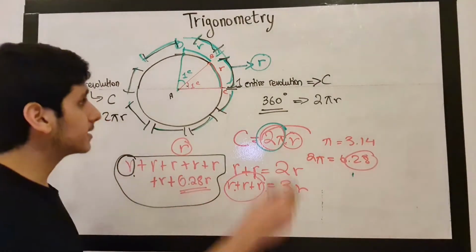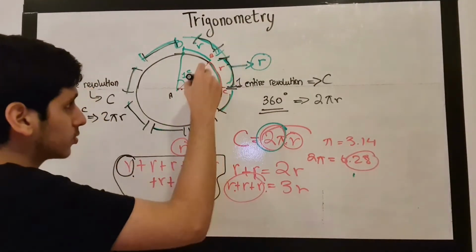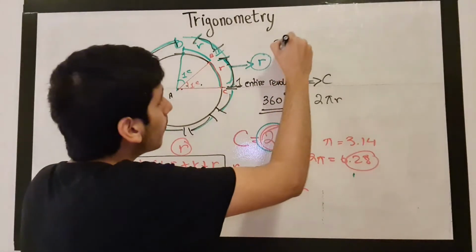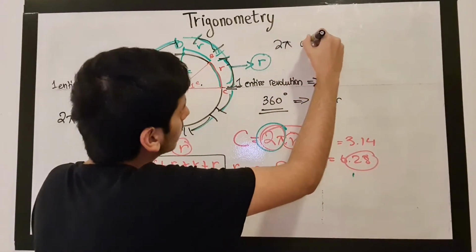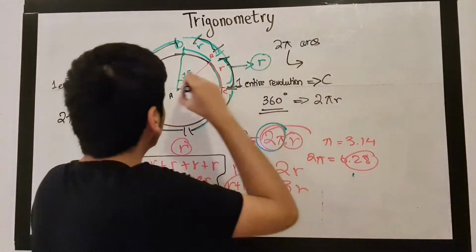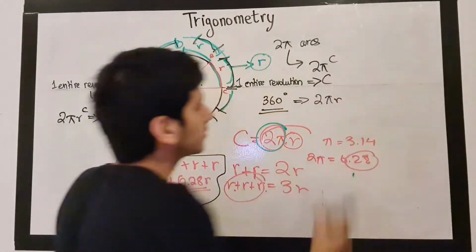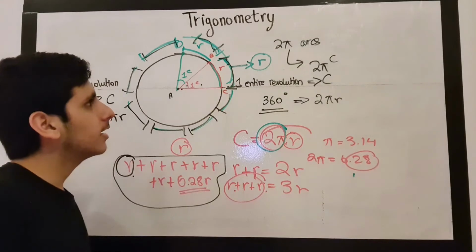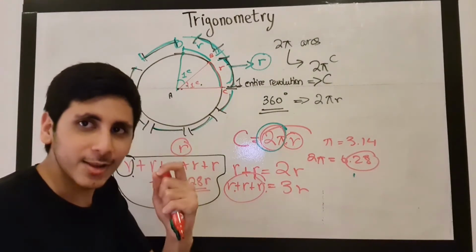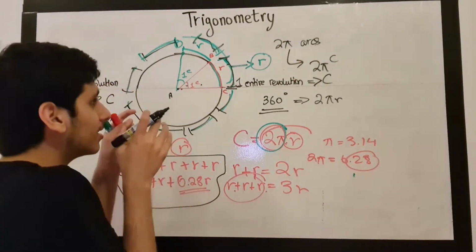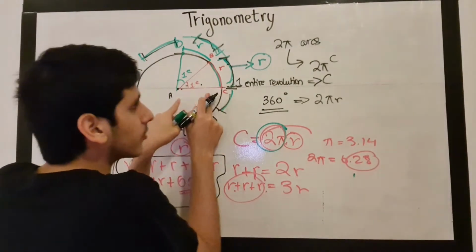And what does that correspond to at the center? 1 arc corresponds to 1 radian. So 2 pi arcs would subtend 2 pi radians at the center. And each arc has a length equal to the radius of that circle, right?